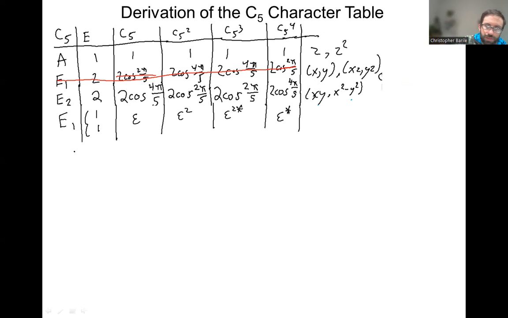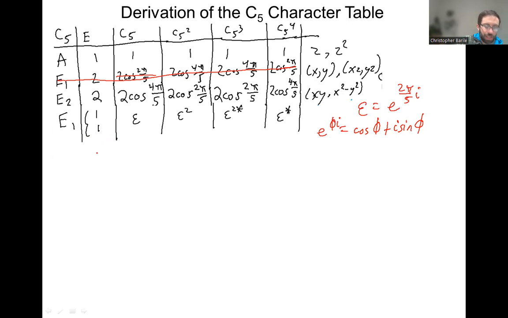So now we can do something relatively easy. I mean, this is all pretty hard. Epsilon, remember, is e to the 2 pi over 5 i. And remember Euler's formula: e to the theta i equals cosine theta plus i sine theta.